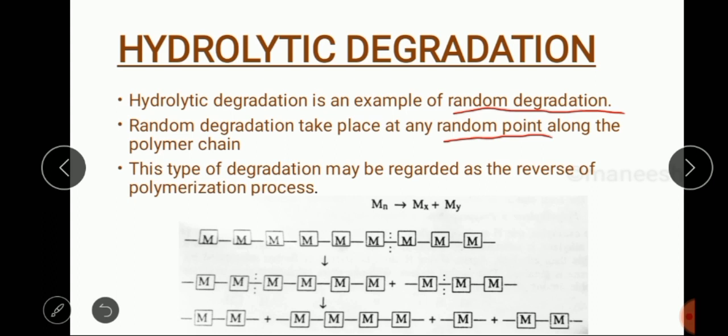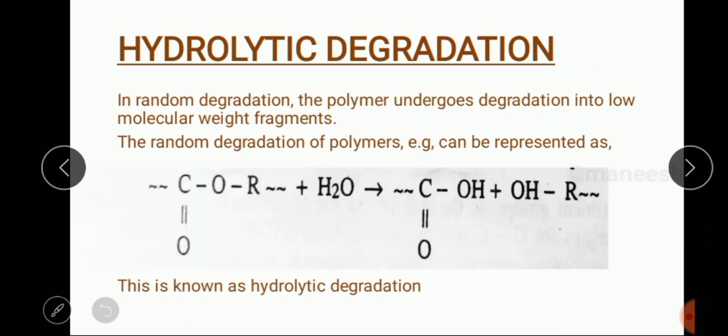In this type of degradation, the polymer undergoes degradation into low molecular weight fragments, but unlike chain end degradation, practically no monomer is liberated. Almost all polymers can undergo random degradation. The random degradation of polyesters, for example, can be represented here.